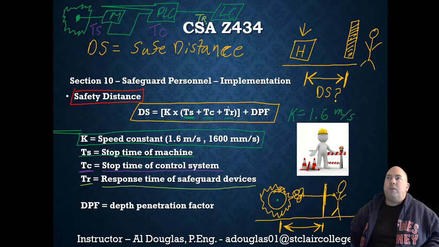And that is basically how long does it take between the time that I put my arm through this light curtain, for that light curtain to realize that I put my arm through it, and to give an output to the PLC. Okay, that is TR. So when we take this time delay, plus this time delay, plus this time delay, add those all together, that's going to give us a total amount of time.